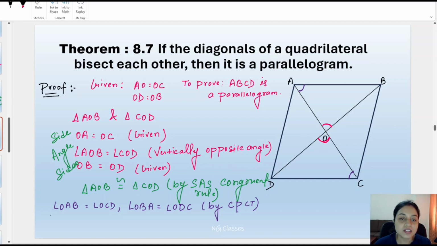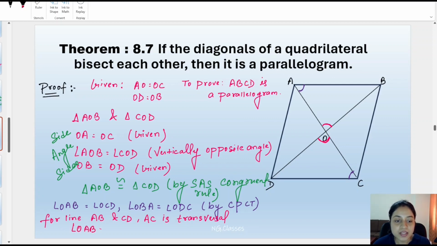So let's write it. For lines AB and CD, AC is the transversal, and we also know that angle OAB is equal to angle OCD, which acts as a pair of alternate interior angles.